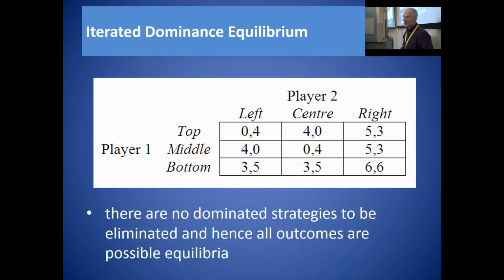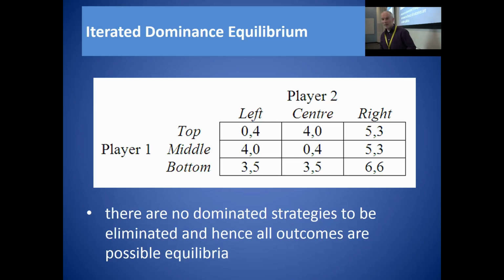And the reason, we're going to come back to this game a little bit later, and the reason you're not going to write anything is because there are no dominated strategies. There are no strictly nor weakly dominated strategies. So what did our process of identifying the iterated dominance equilibrium rely on?